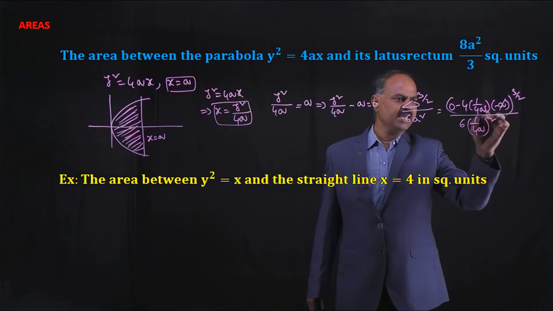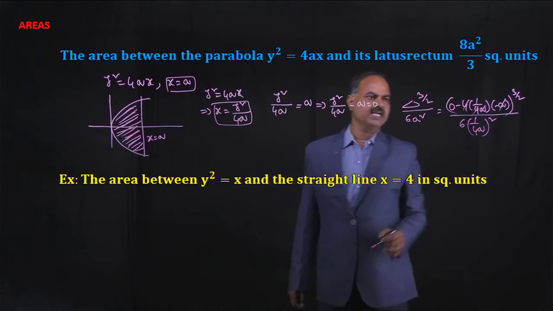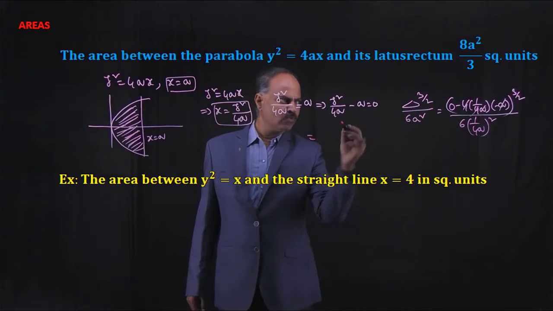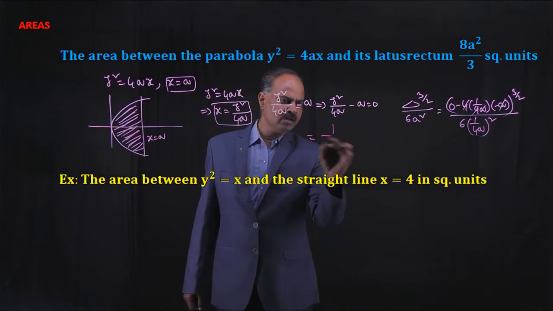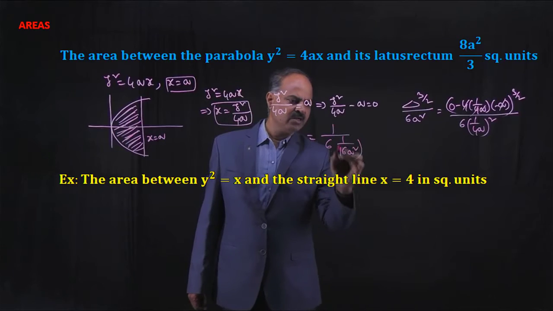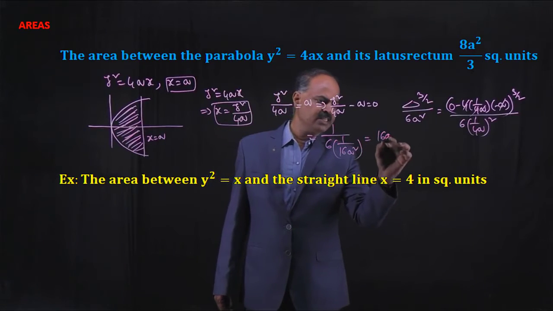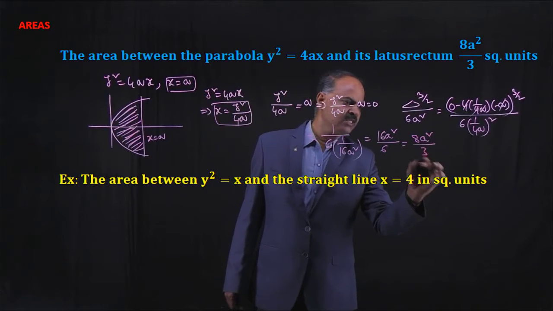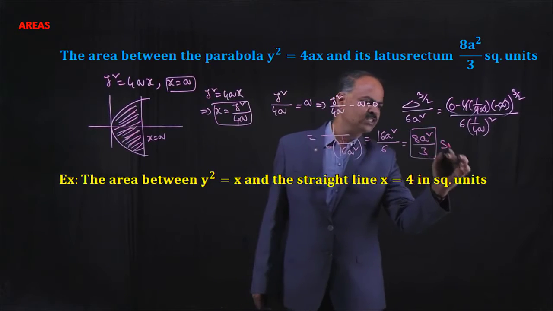Here a and a get cancelled, 4 and 4 get cancelled, minus into minus becomes plus, that is equal to 1 power 3 by 2, that is 1 by 6 into 16a square, which is 16a square by 6, which is 8a square by 3 square units.